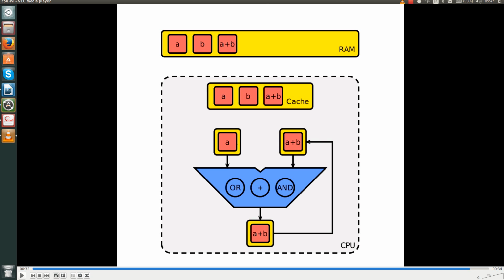Okay, based on this animation, we can notice several things. First of all, a significant amount of time was spent on transferring data, while the actual calculation was relatively fast.